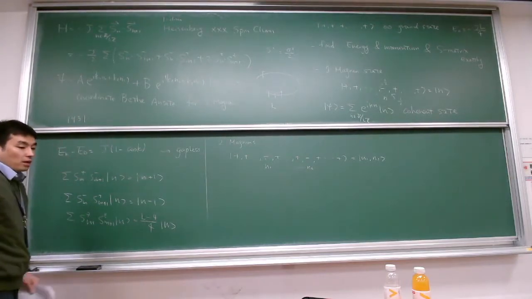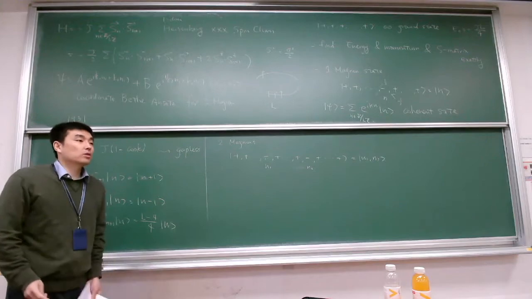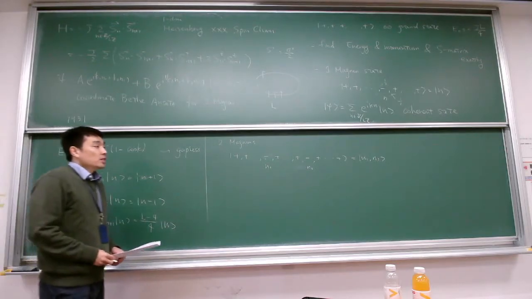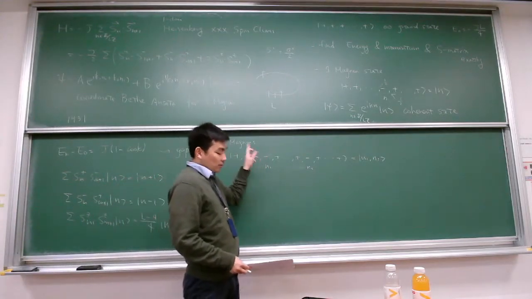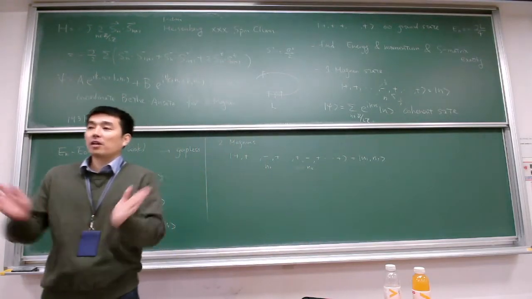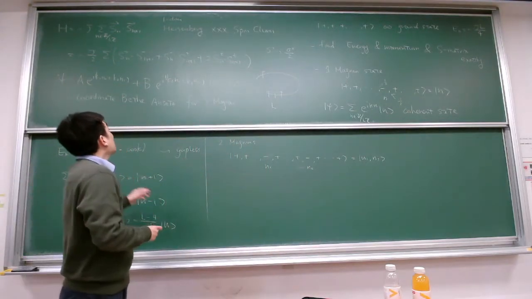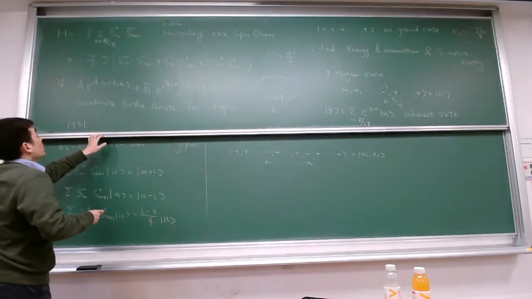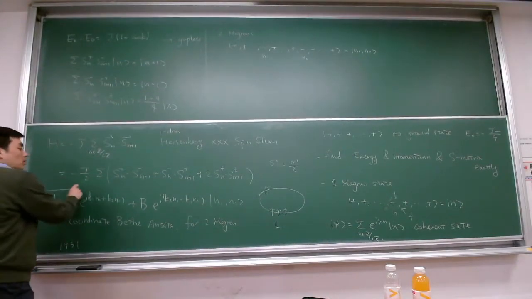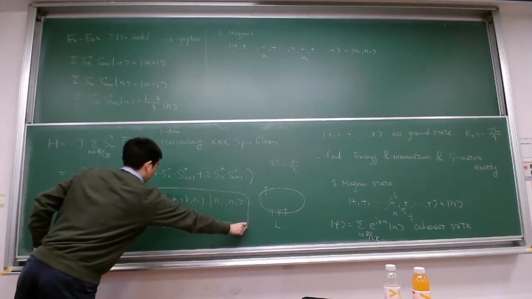So the Bethe ansatz; ansatz means assumption. Since these magnons, or spin-down states, behave like really plane wave particles, Bethe made an assumption that the wave function takes the following form.